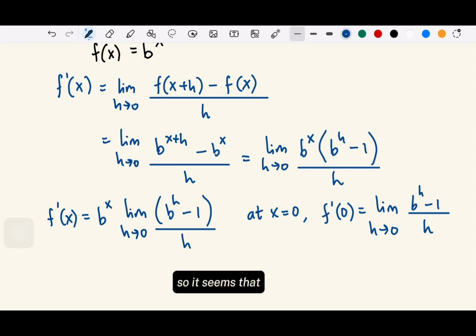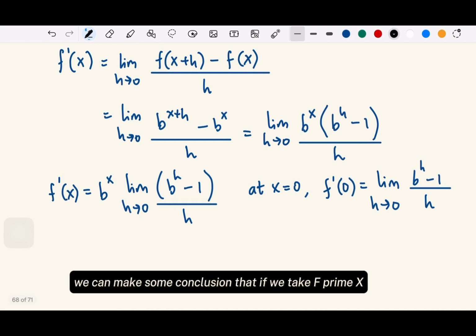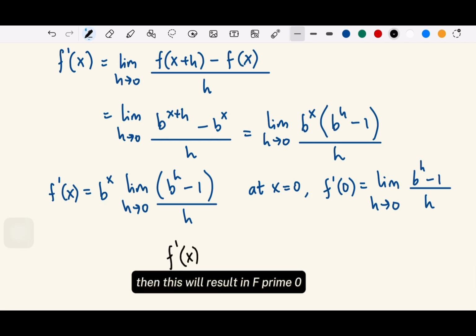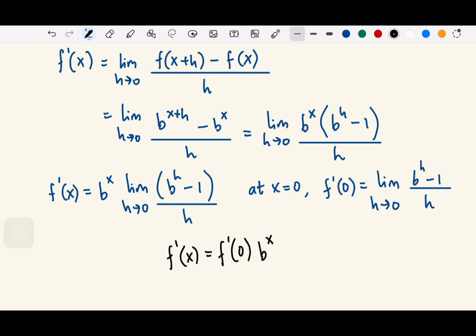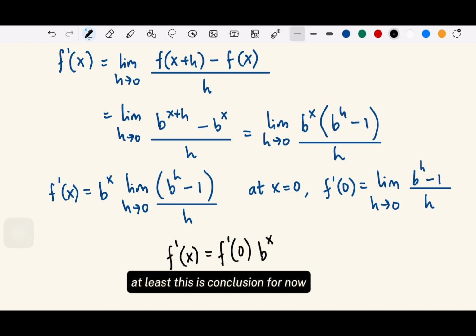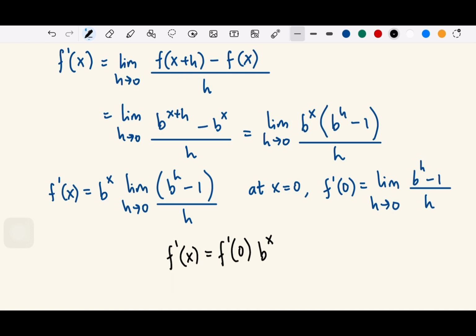So it seems that we can make some conclusion that f prime x results in f prime 0 multiplied by b with power of x. At least this is the conclusion for now.